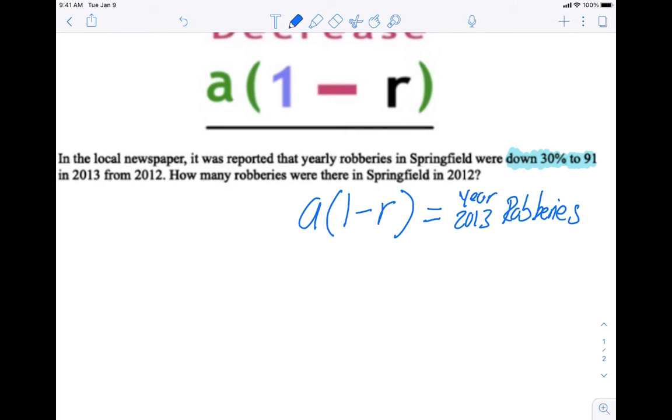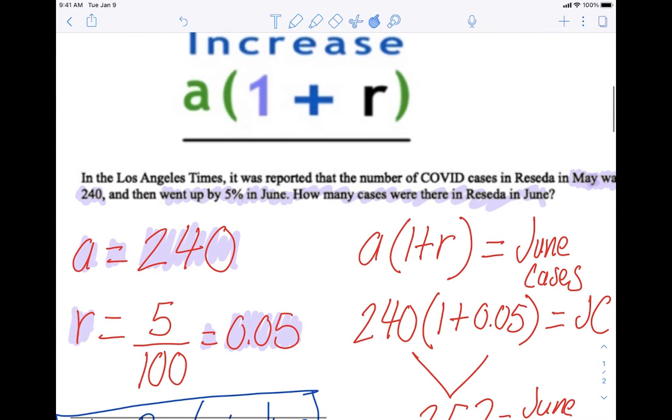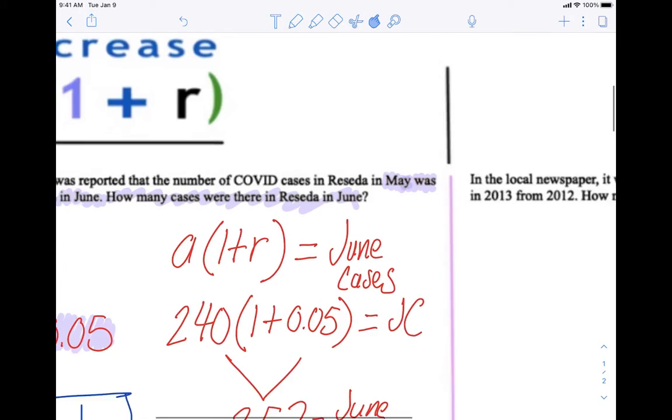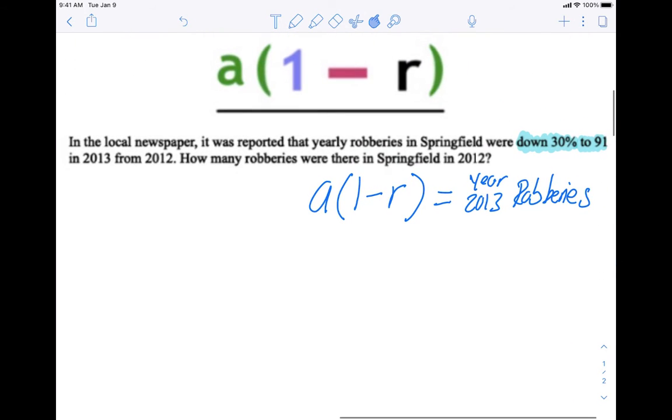Just like in this problem here, right? The solution was June. June comes after May. So that's why June was here, right? So in this case, 2013 comes after 2012. Okay? So, let's go back. Down 30% to 91 in 2013.